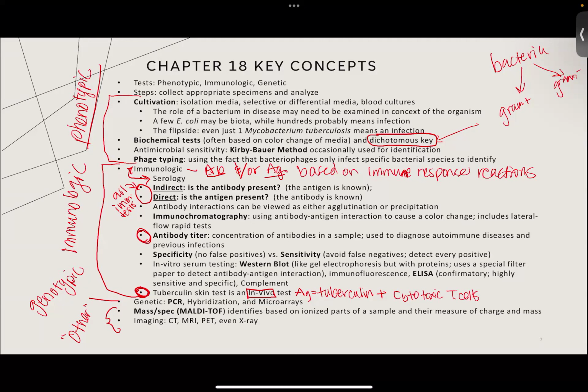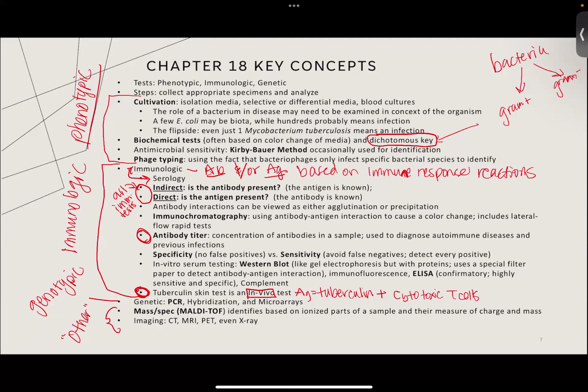You can view direct antibody interactions through either agglutination or precipitation. Agglutination happens when antibody is interacting with whole cells. Precipitation happens whenever antibody is interacting with antigen, not in the form of whole cells. So parts of pathogens, just the spike proteins not attached to the virus or parts of the bacterial cell.